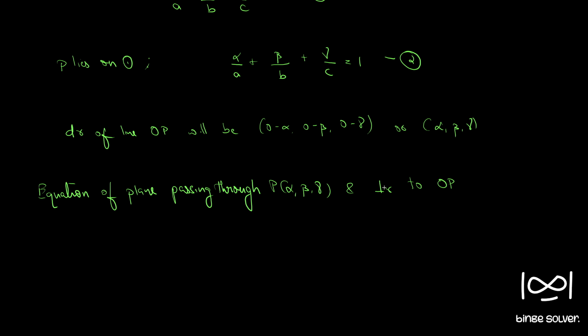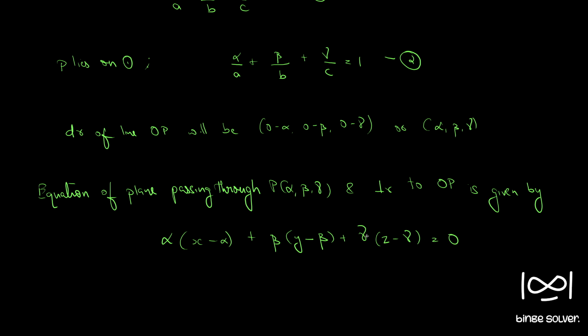So such an equation is given by alpha into x minus alpha plus beta into y minus beta plus gamma into z minus gamma equal to 0.